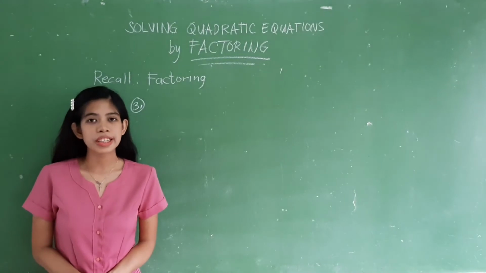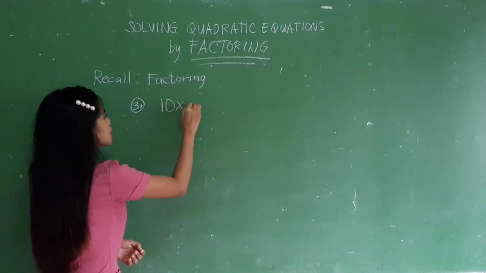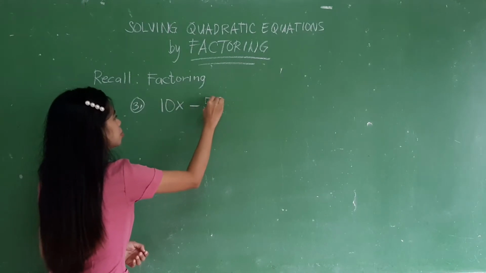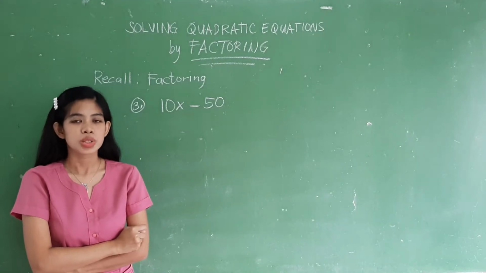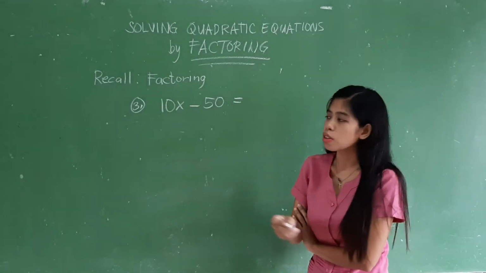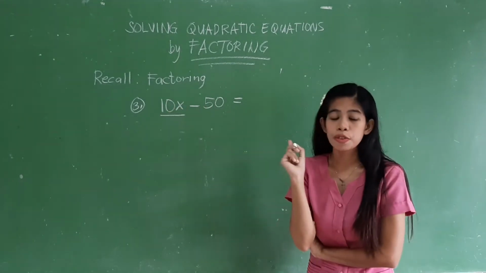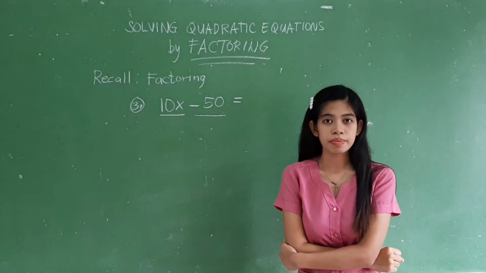Now suppose you were given a binomial like this: 10x minus 50. How are we going to factor this out? All you need to do is to find out the common factor between the first term 10x and the second term negative 50.